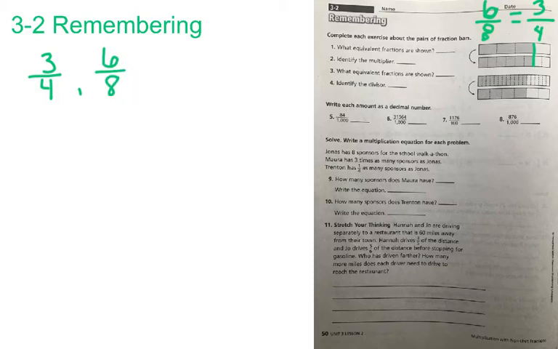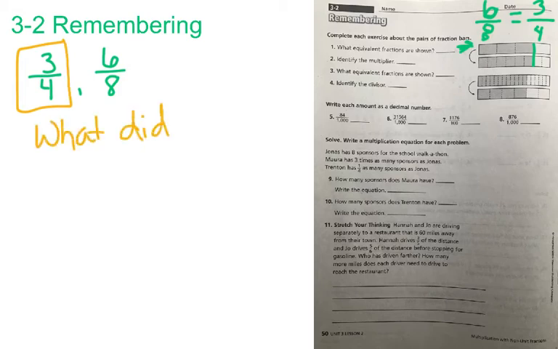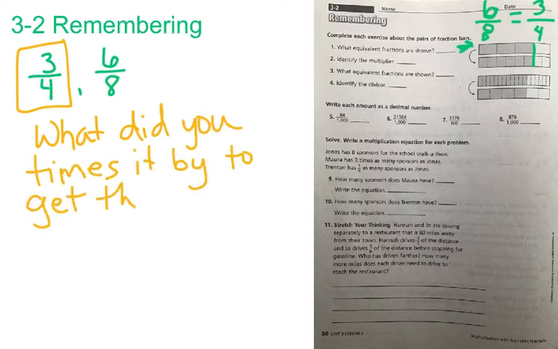And then number 2 says identify the multiplier. And if you remember, we're going to always list the top bar first here, but the multiplier, and what that means is when you look at that first fraction, 3/4, what did you times that by to get the second fraction?